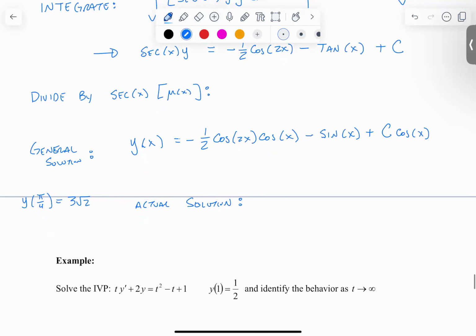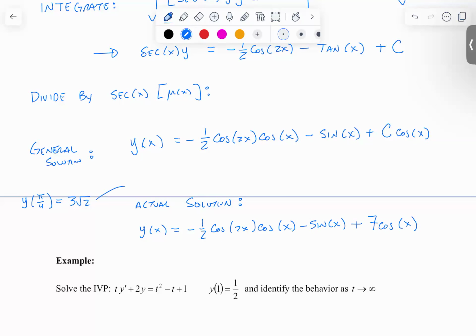So the actual solution becomes... actually came out to 7. Okay. It never comes out that nice. Rigorous, I get you.